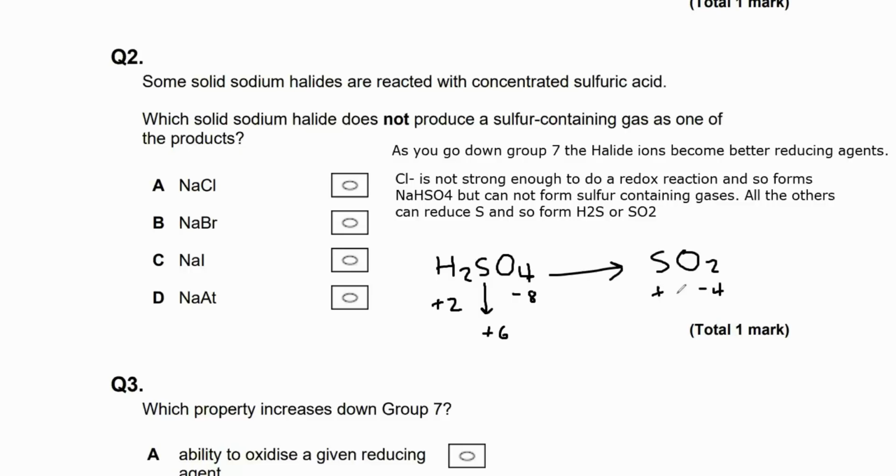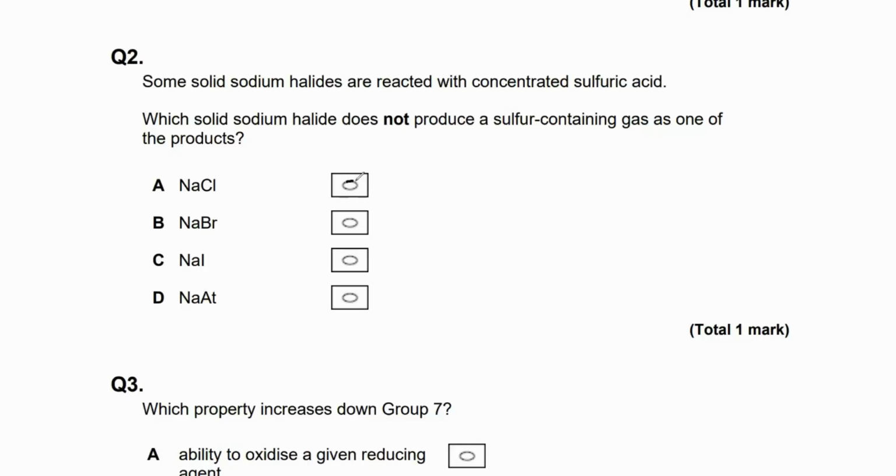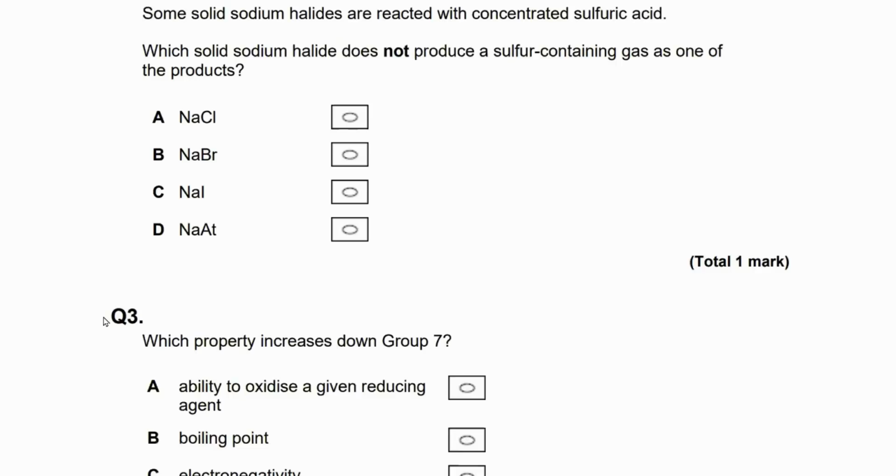Now, if it was to form sulfur dioxide, it would go down to a +4 oxidation state. So it's been reduced by gaining electrons. And if it formed hydrogen sulfide, it would go down to -2. But when you go from sulfuric acid to sodium hydrogen sulfate, you don't actually get reduced. So sodium chloride is not a strong enough reducing agent to do a redox reaction. And that is the answer.